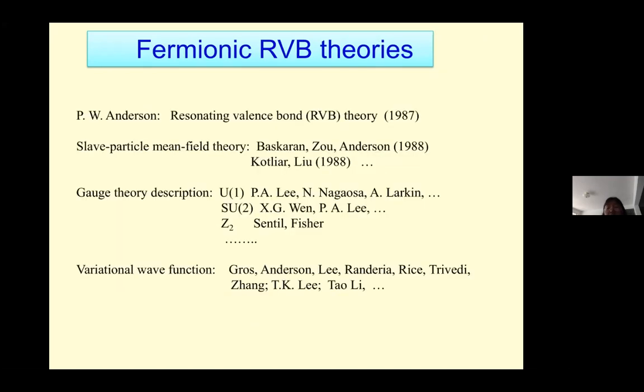There are also a lot of theoretical progress towards understanding the pairing in the pure repulsive model based on the resonating valence bond picture, slave particle mean field theory, as well as the gauge theory.